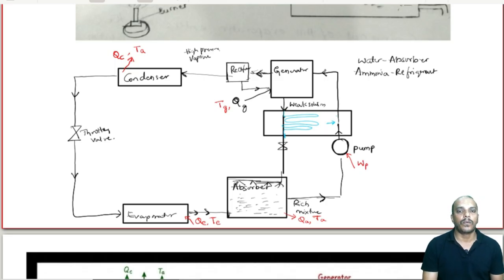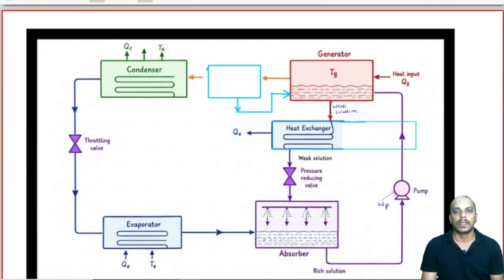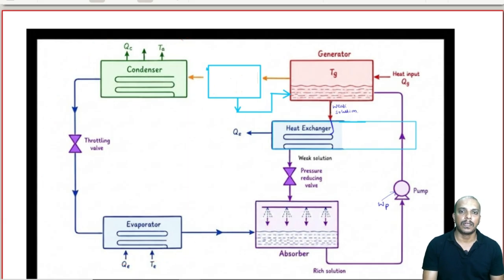Okay, this is our water ammonia vapor absorption refrigeration system. The same thing is depicted here. The left side portion, which we already know, is the same in vapor compression refrigeration as well. Now this is our rectifier. Now we have this absorber where this is water, and what is coming from here is ammonia, ammonia in vapor state, of course.